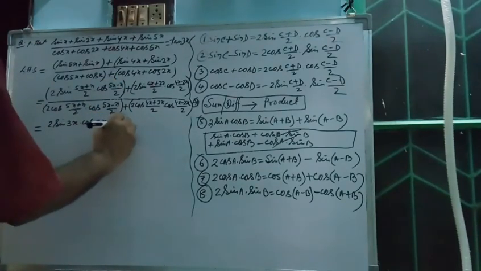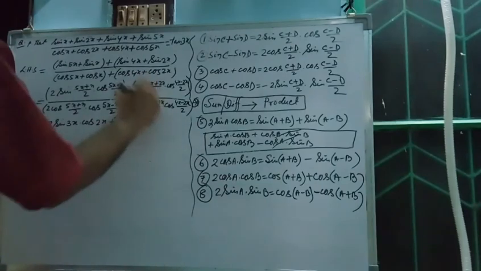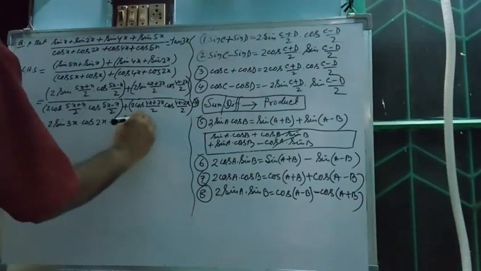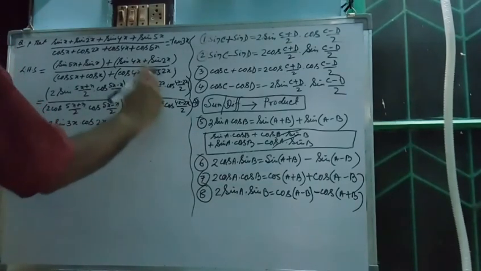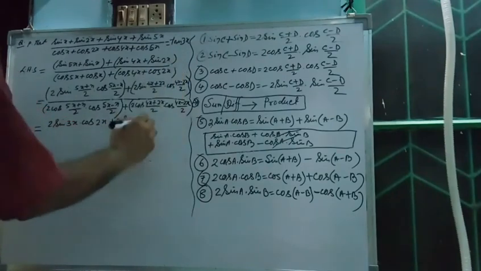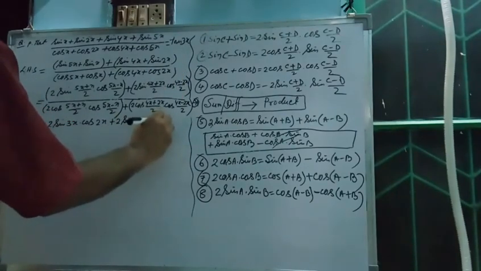Plus 2 sin (4x plus 2x)/2, that is 6x/2, that is equal to 3x, and (4x minus 2x)/2, that is 2x/2, that is cos x, right?